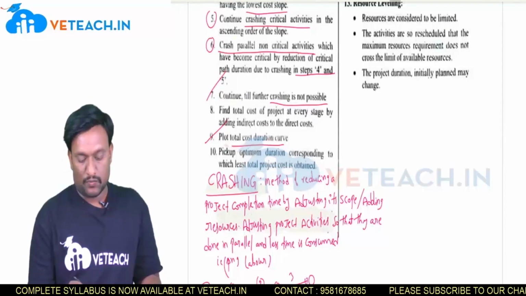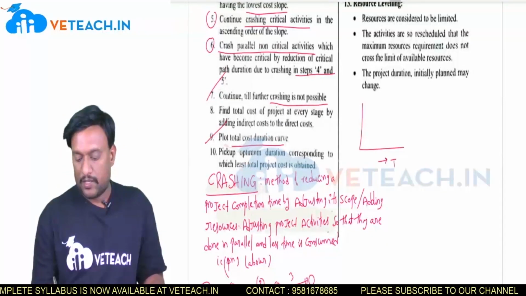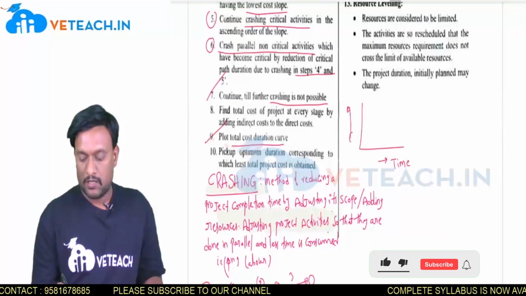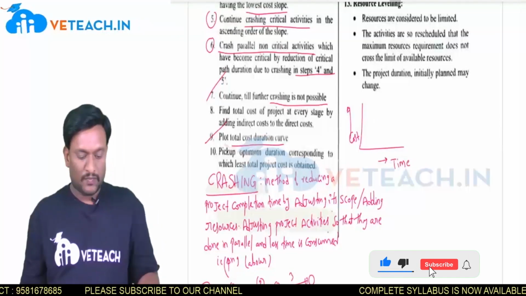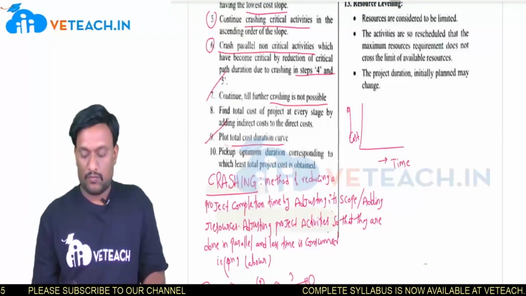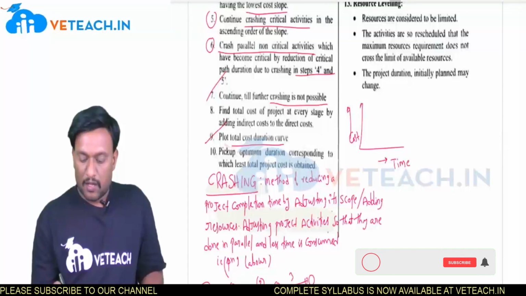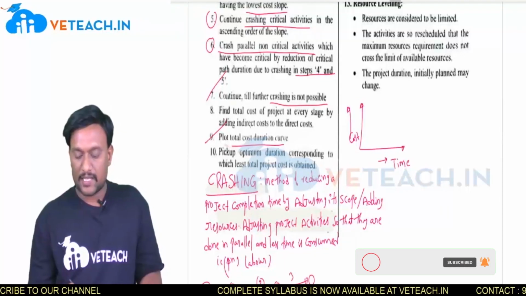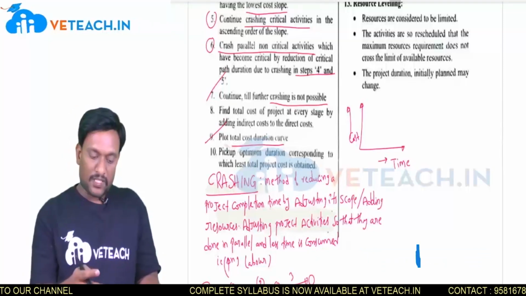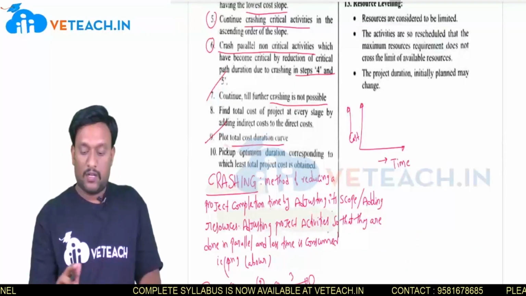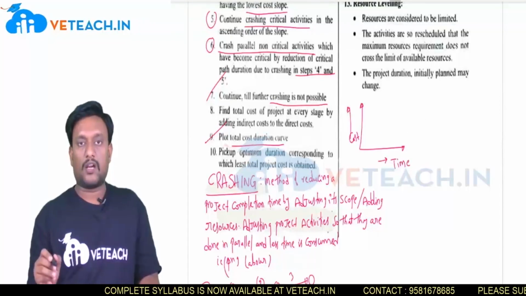Cost to duration. That means time on the x-axis, cost on the y-axis. Now you have to plot the cost duration curve. So take cost on the y-axis, time on the x-axis, and with the previous crashing data and records, try to plot the curve.